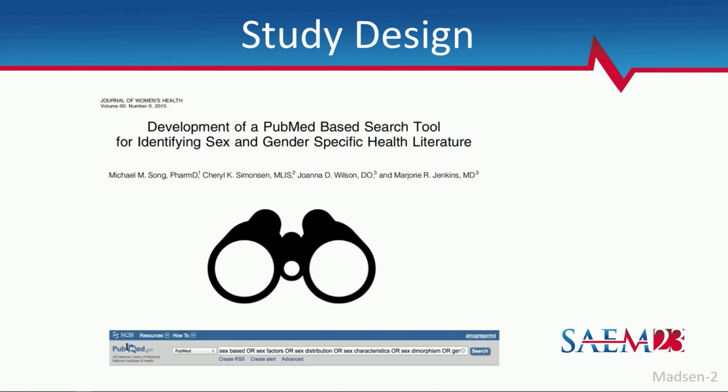So this is a resource for you that you can take with you or share with your trainees and faculty. If you're not sure what exists in terms of sex and gender differences in a particular area of work, this is a validated PubMed search tool. It has essentially created an entire paragraph of search terms.